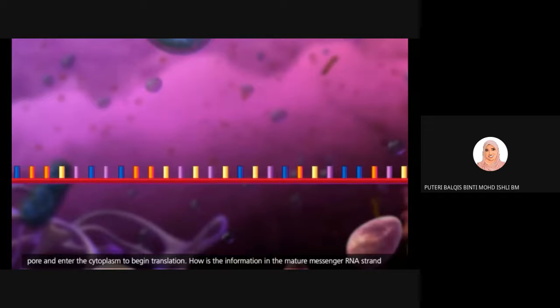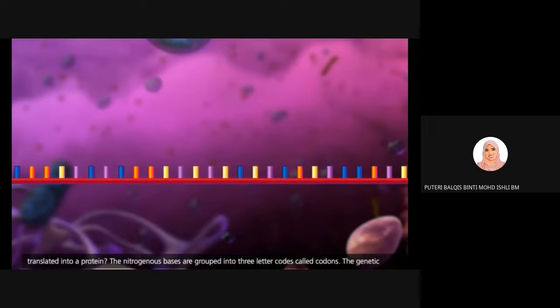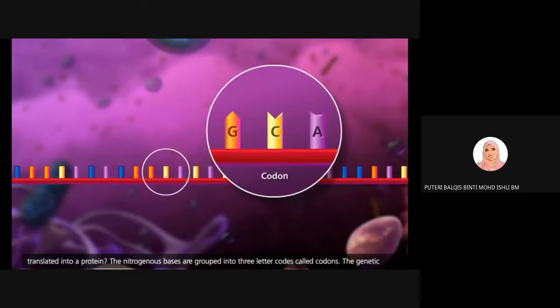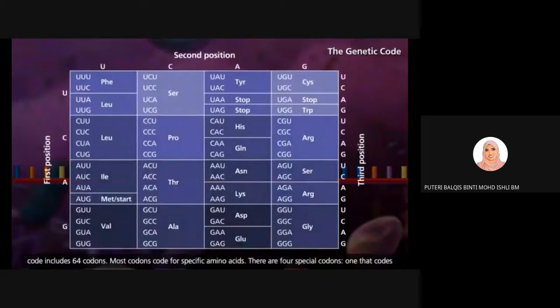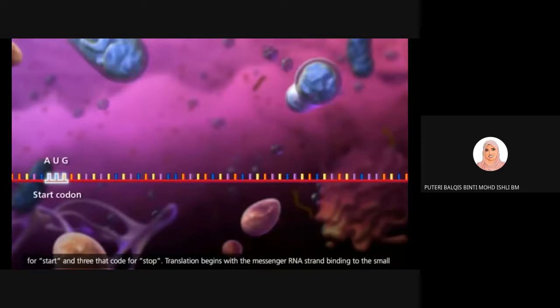process of translation. So along the mRNA, we have codon, triplet bases known as codon. So to start the process of translation, codon lah triplet bases GCA. Macam mana kita nak baca amino acid, kita kena refer kepada genetic code table. So that is start codon AUG, stop codon UA.